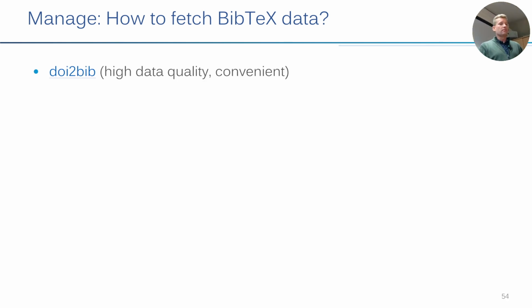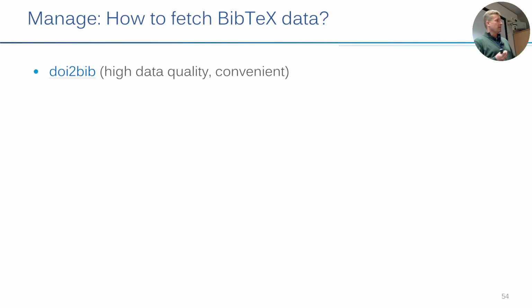What I recommend as a general approach is, if there is a DOI, everybody familiar with the DOI, Digital Object Identifier? Yeah? What not all of you may know is there's a service associated with the DOI resolver that also provides metadata.